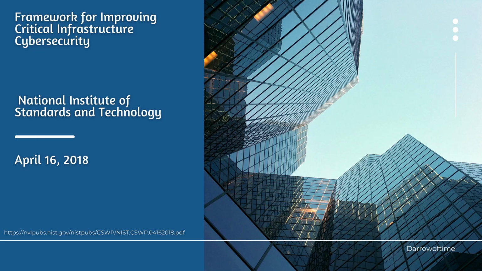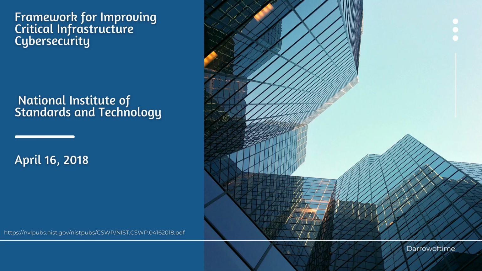Critical infrastructure is defined in the U.S. Patriot Act of 2001 as systems and assets, whether physical or virtual, so vital to the United States that the incapacity or destruction of such systems and assets would have a debilitating impact on security, national economic security, national public health or safety, or any combination of those matters.